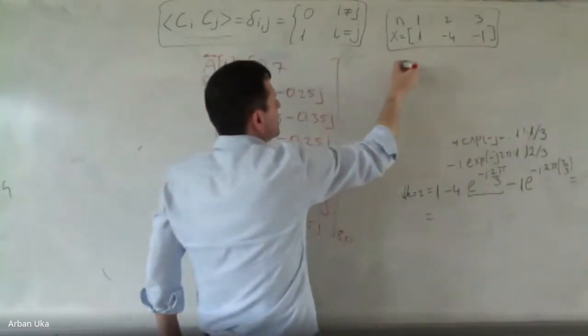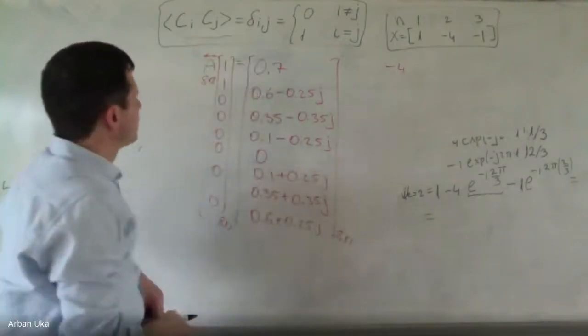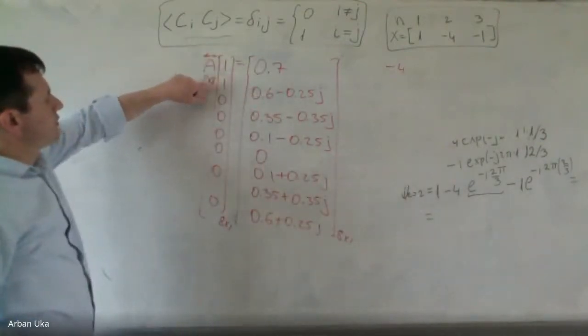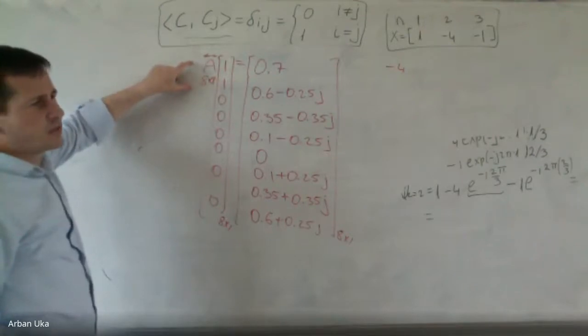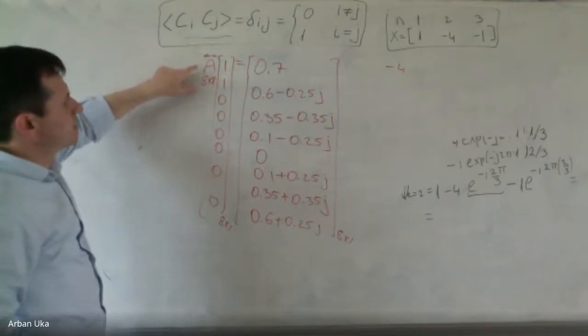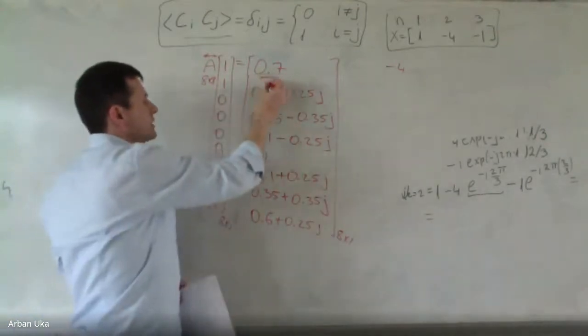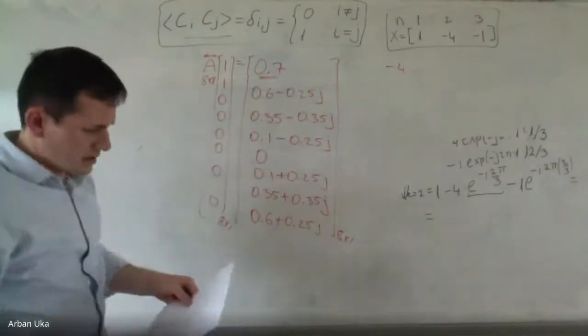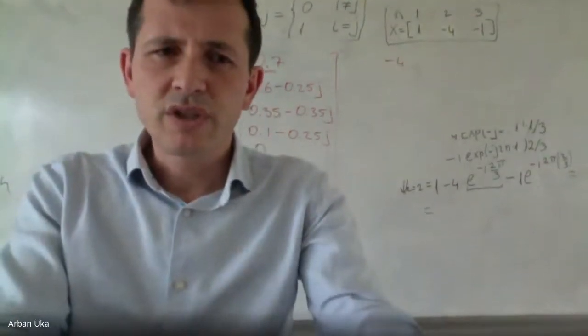Here we sum over these numbers, which is 2, but we have to multiply with the normalization factor of the matrix A, which was 2 divided by square root of 8, and we get 0.7. And then the rest, this is how we find them. So this was the Fourier transform.